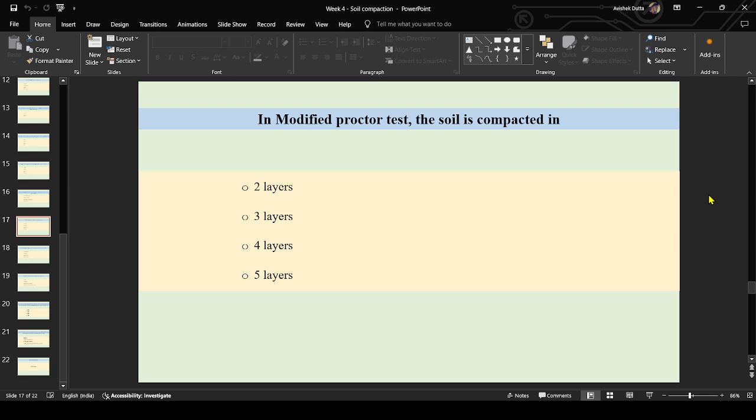In modified Proctor test, the soil is compacted in how many layers? 2, 3, 4, or 5? This is the question. Okay. Next question.